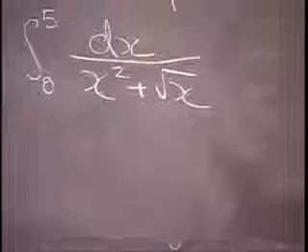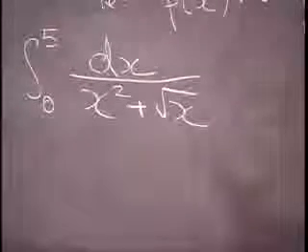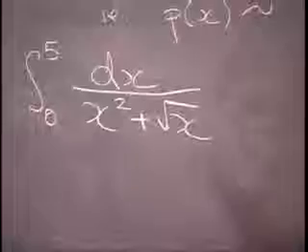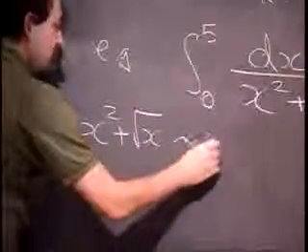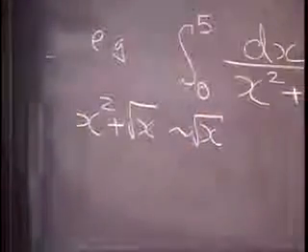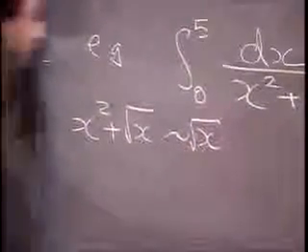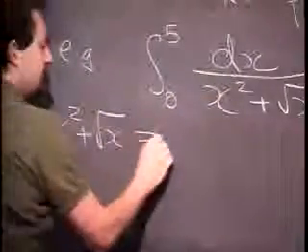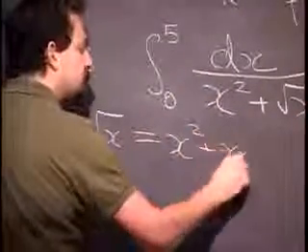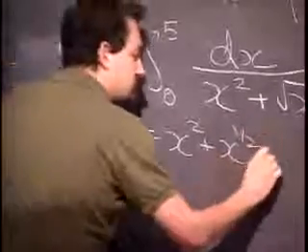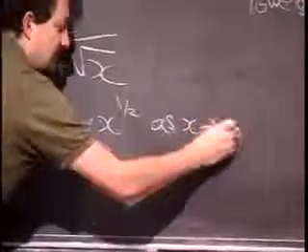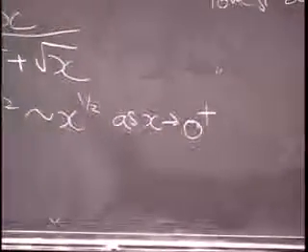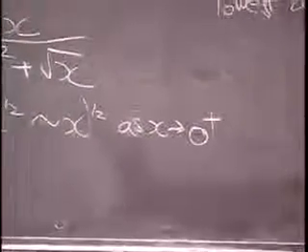The lower power dominates there. So it is true that x squared plus root x twiddles root x, the lowest power. In fact, let me first write this as x squared plus x to the 1/2, which twiddles x to the 1/2 as x goes to 0. And in this case, we better put a plus because you cannot take the square root of a negative number.